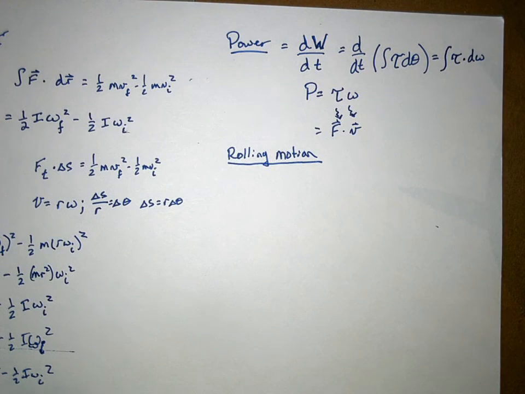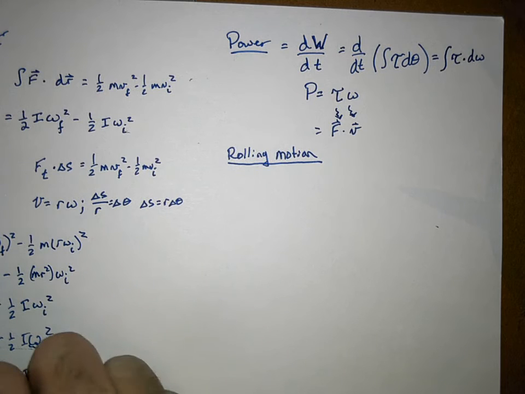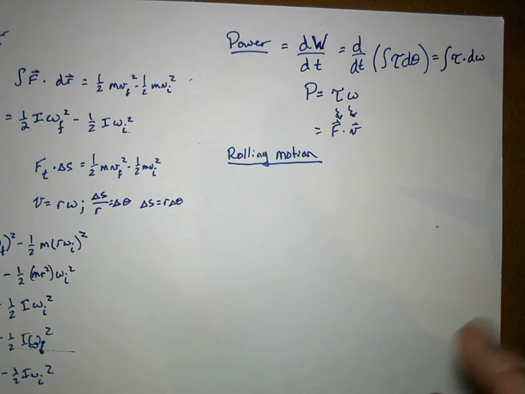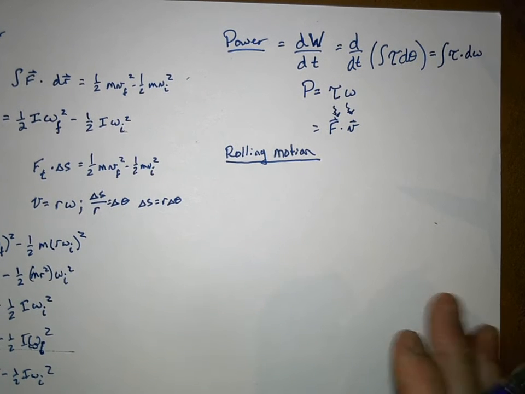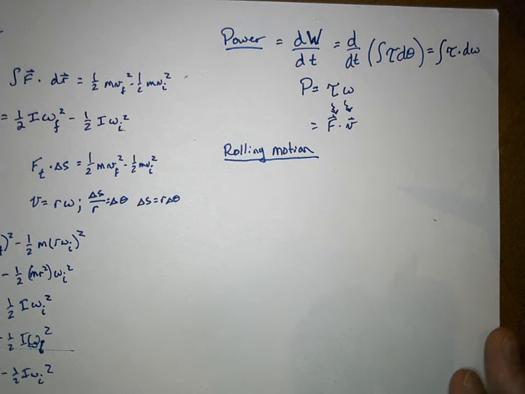Well, if you throw it really hard and get a lot of spin on it, you'll see it elongate around its equator, and that changes its moment of inertia, so it starts spinning at a different rate. That's not what's happening here. This time we're just assuming that I is constant.